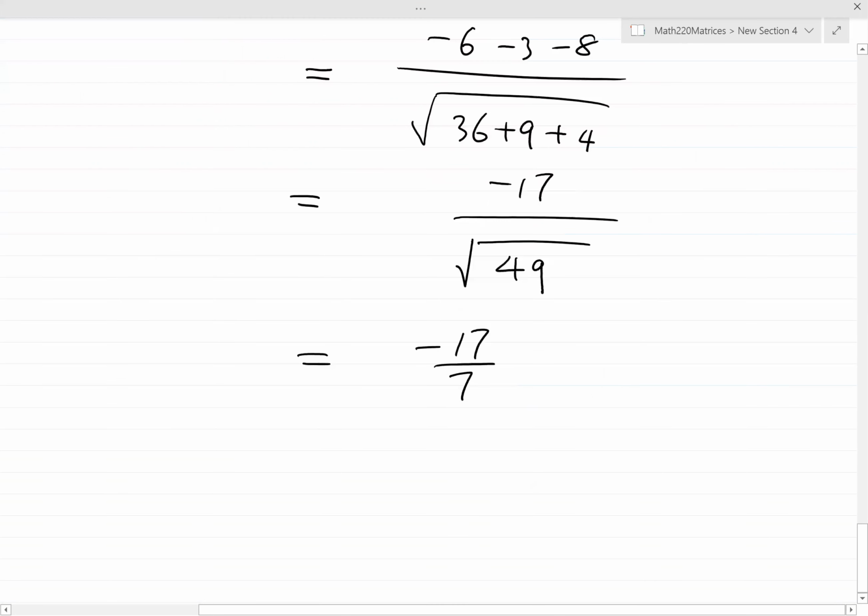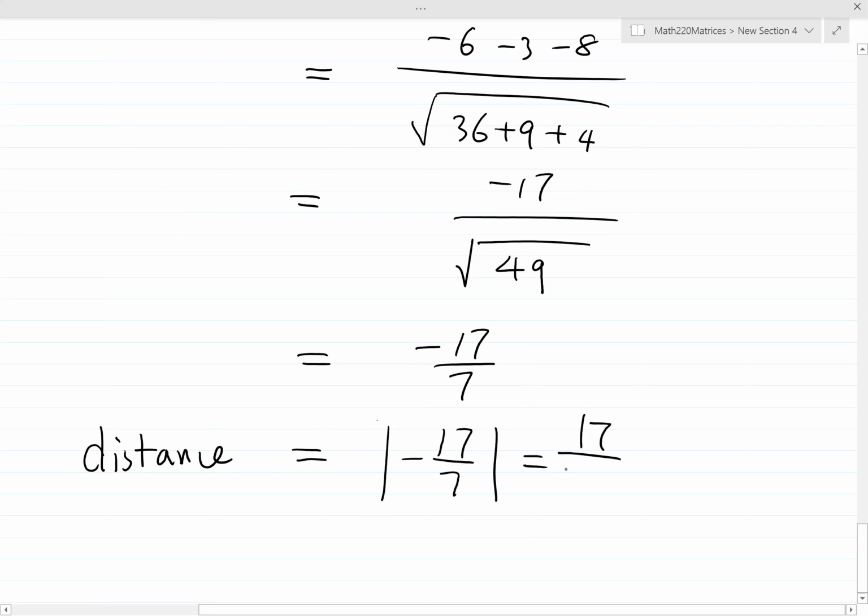So the distance is the positive part of the projection, and we get 17 over 7. So the distance of point P to the plane is exactly 17 over 7.